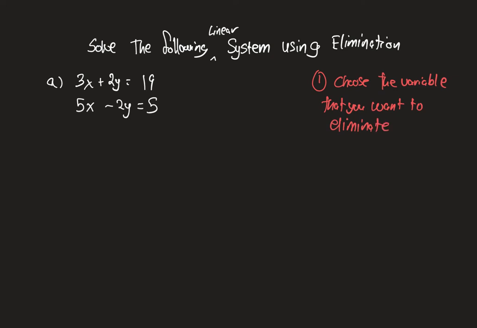Okay, now in this case, I want to get rid of the y. It's pretty easy to get rid of the y in this case. Why is it easy? Because, as you can see here, I've got 2y and negative 2y. So quite simply, all I would have to do is add the two equations together.